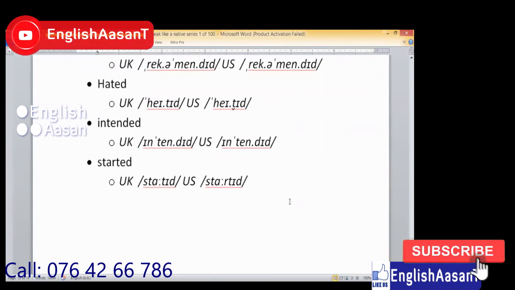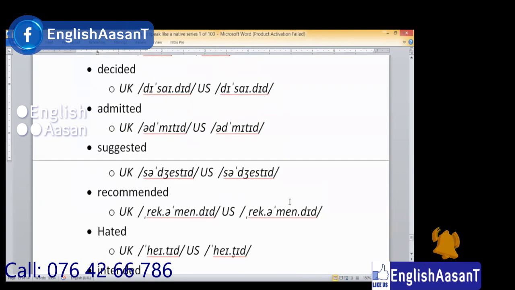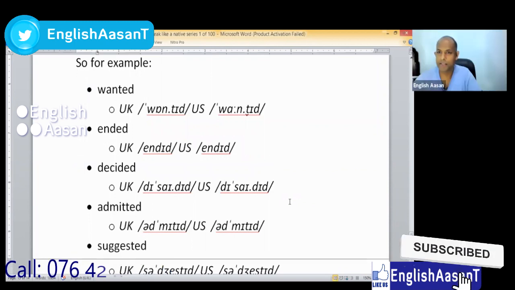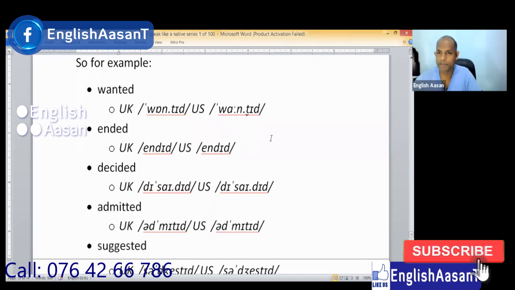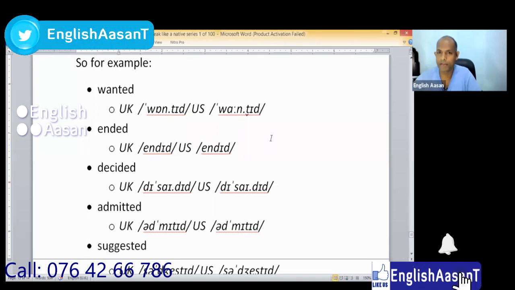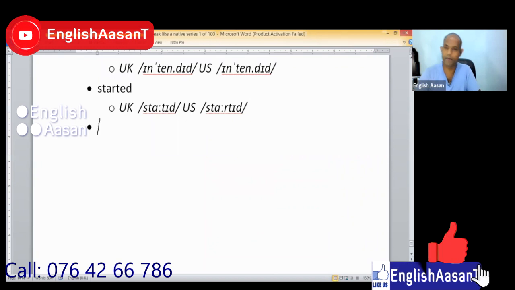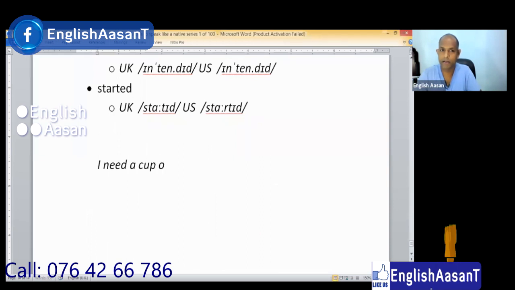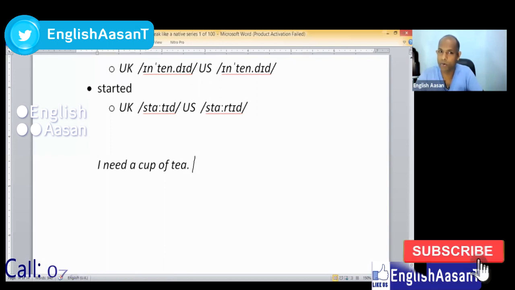Here there's one more. The pronunciation of wanted, they pronounce another way, like a wanted. Yeah, that's linking. That depends on the word you get afterwards. We say it's linking. So there are linking words. For example, it's a good question, I appreciate it. For example, I need a cup of tea. In natural speaking, we link this all together.